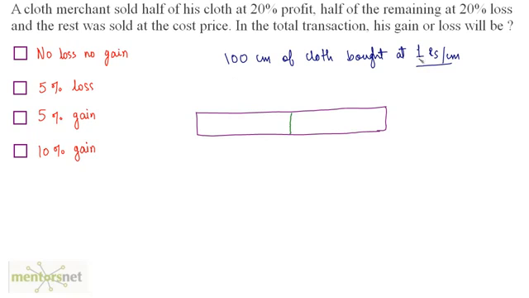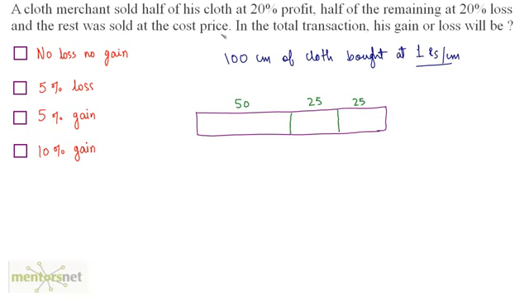So the cost price will be, of course, if you divide 100 centimeter by 2, you get 50. So this cost price of the first half will be 50. Now he is again dividing the half of the remaining half. So again this is divided into half. So this cost price will be 50's half, which is 25, and the remaining will also be 25.